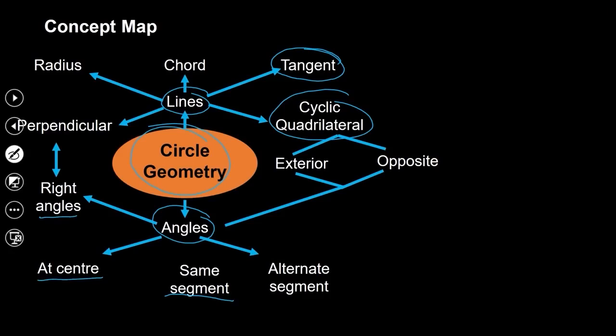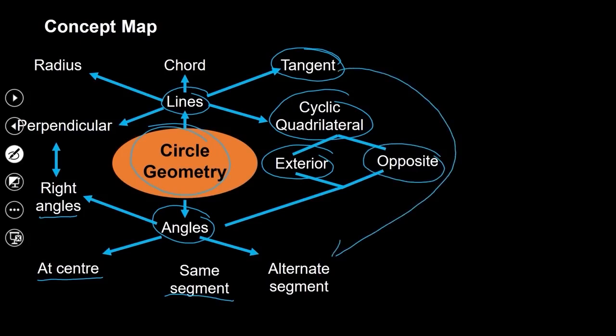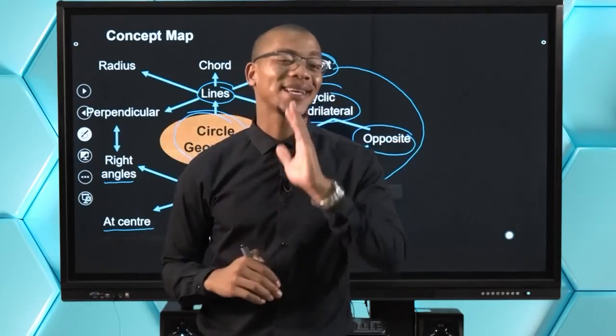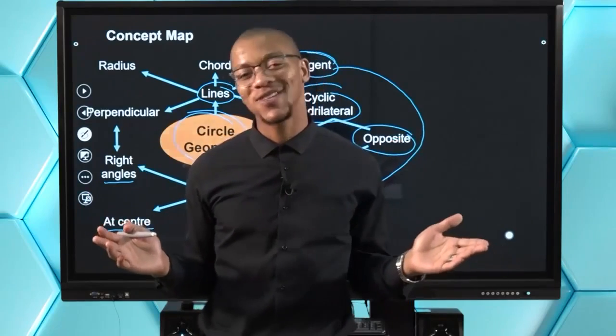And then with the cyclic quad, an exterior angle is equal to interior opposite, and then the opposite angles are normally supplementary to each other. And then lastly, tangent talks to the alternate segment. Remember, segment or alternate segment has to do with a chord that divides that particular circle into two segments, minor and major segment.